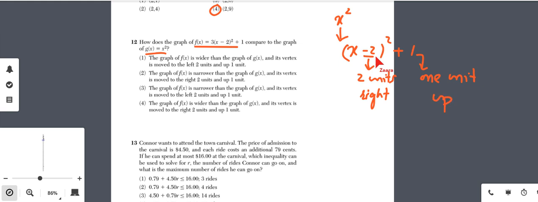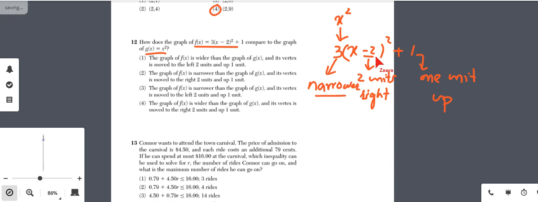And then by multiplying it by 3, the curve would be narrow. I explained that to you last time. If you are multiplying by less than 1, like 0.5 or 0.2, the curve would be wider. But if it is more than 1, the curve would become narrow.